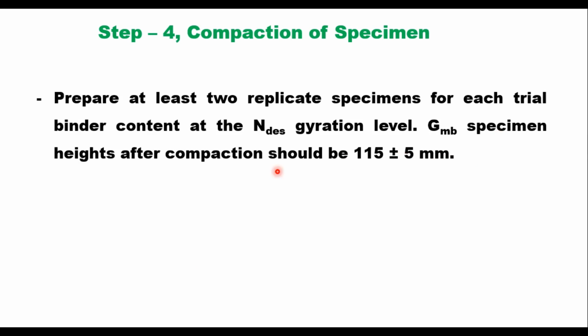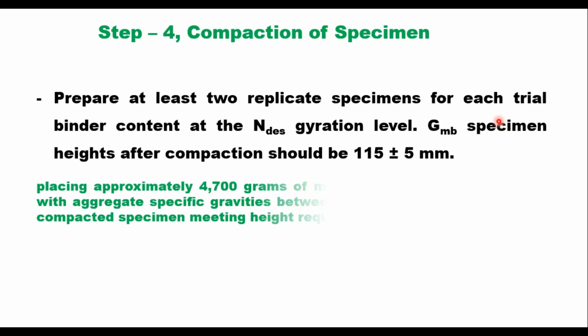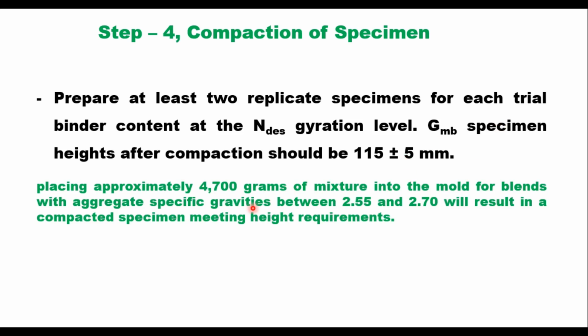The specimens which are made for determination of GMB should have a height of 115 plus minus 5 millimeter after compaction. And this can be achieved if you place approximately 4,700 grams of mixture into the mold for blends with aggregate specific gravity between 2.55 and 2.7.